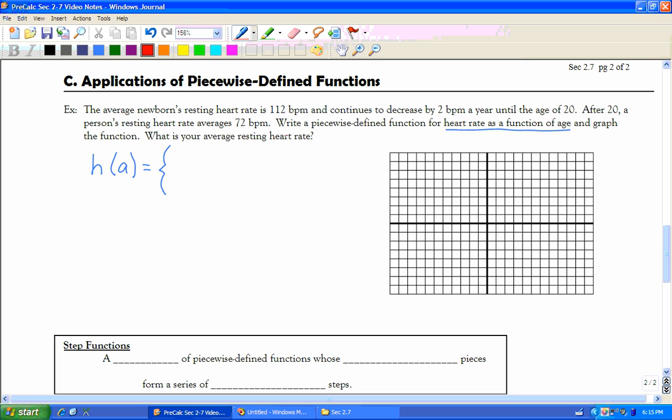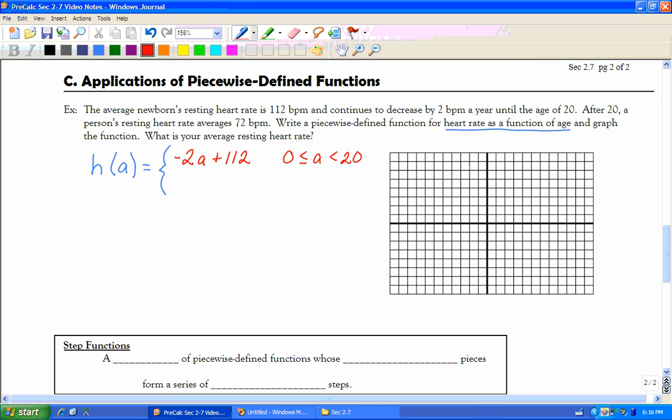And this is a linear function because we're decreasing at 2 beats per minute a year when we start at 112. So we could write this as a linear equation of negative 2a plus 112. And our age starts at 0 and ends at 20. Now I'm not going to include 20 with this one. I'm going to include 20 with the second part of the function.